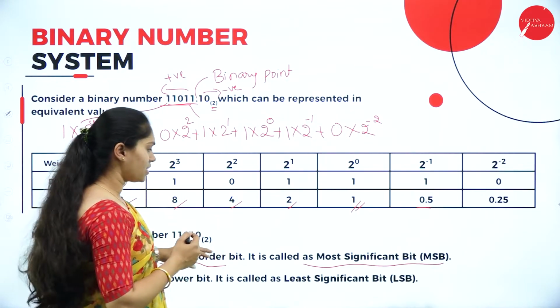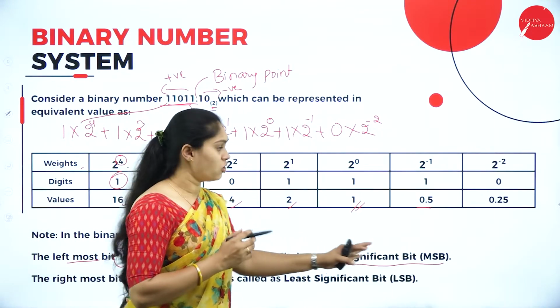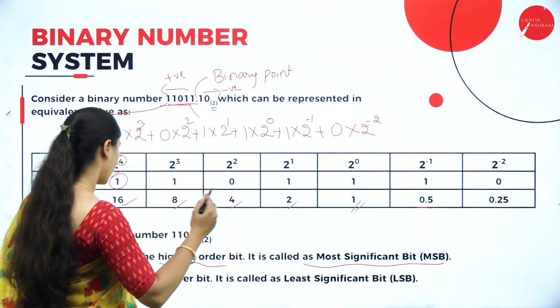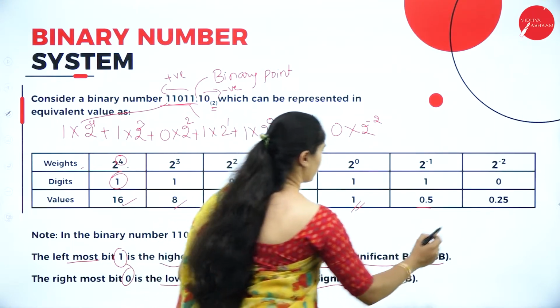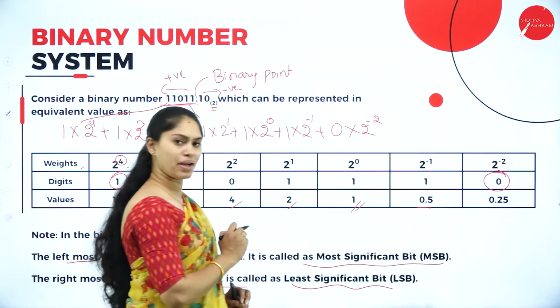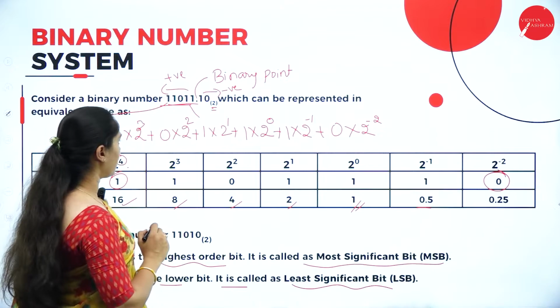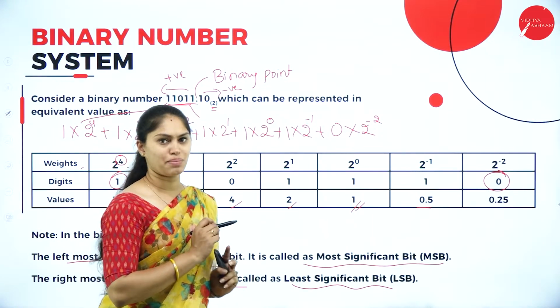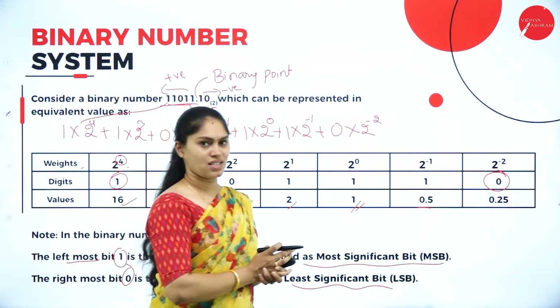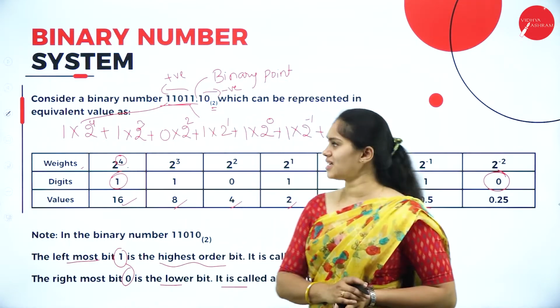That is why we call this the most significant bit. The one having the least significance we call the least significant bit, or LSB. Okay, this is the most significant bit, this is the least significant bit, MSB and LSB. This is how we represent the binary number system. We'll see the next one.